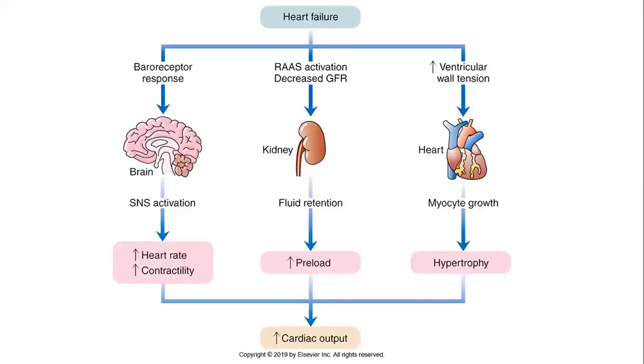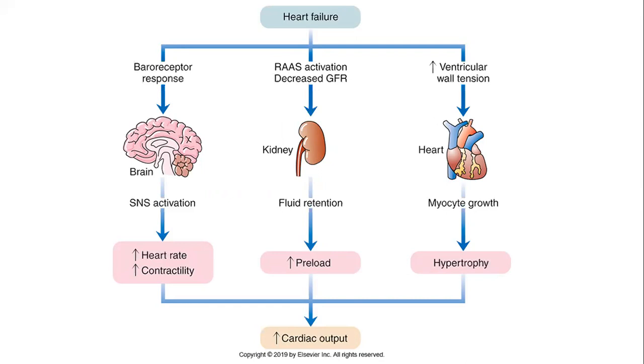So here is a schematic showing the compensatory mechanisms which would occur naturally when cardiac output is decreased. The body perceives this decrease in cardiac output as perhaps a loss of fluid volume, and it responds thinking that it needs to increase fluid volume.